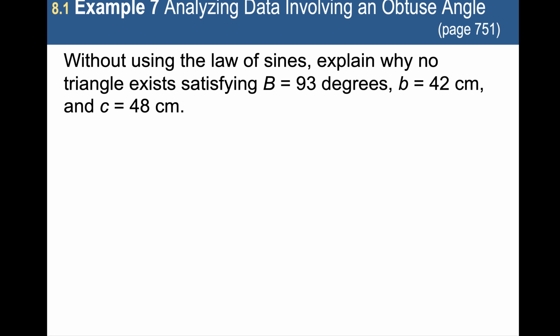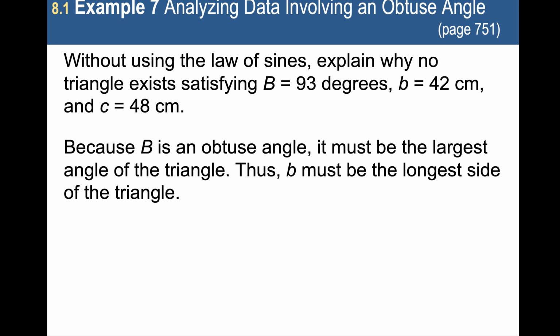So without using the law of sines, explain why no triangle exists that satisfies B is 93 degrees, B is 42, and C is 48 centimeters. Because this makes it an obtuse angle, that must be the largest angle of the triangle. And what our rules with angles and lengths of sides says is that the longest side is opposite the largest angle. Well, I can't have two obtuse angles within a triangle.